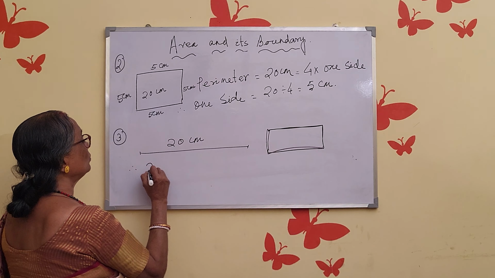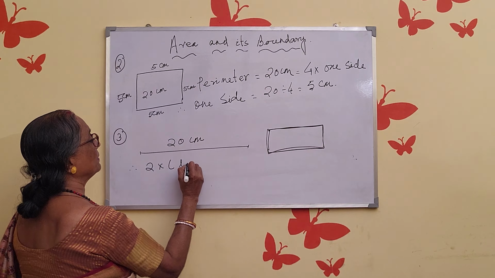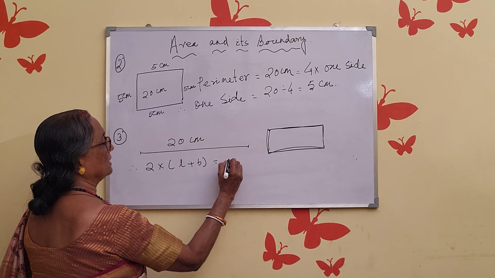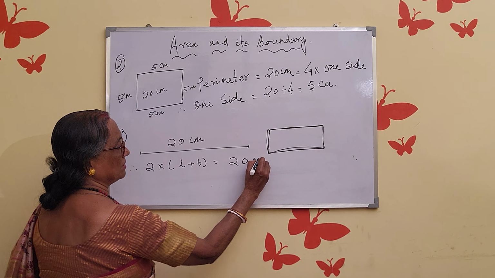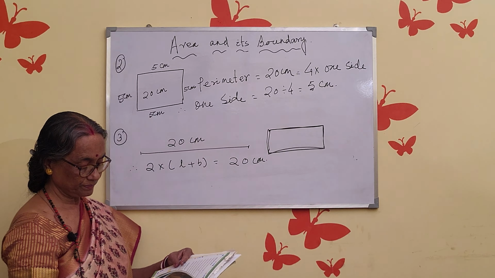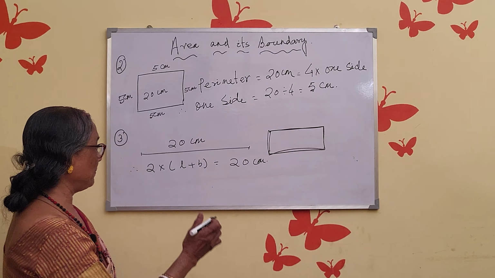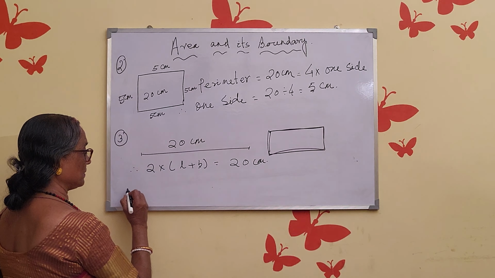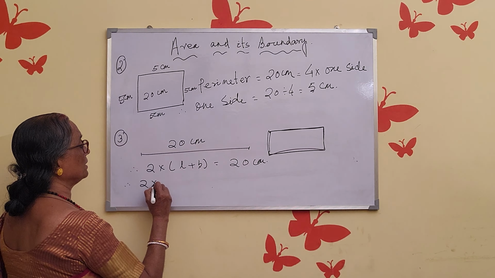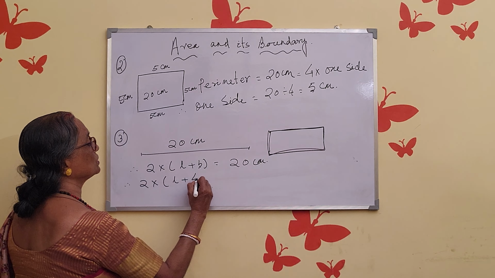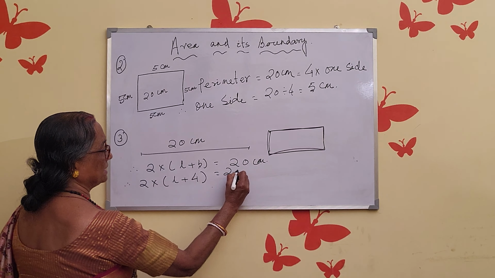Therefore 2 into length plus breadth is given as 20 centimeter. If the width of this rectangle is 4 centimeter, breadth is given as 4 centimeter. Therefore 2 into length plus 4 centimeter is equal to 20 centimeter.